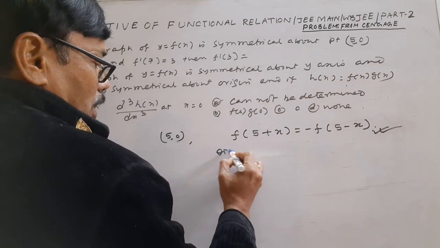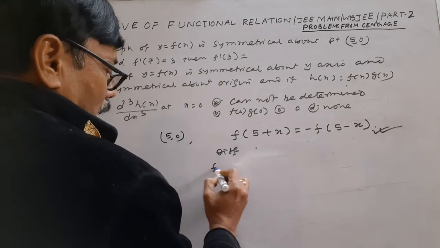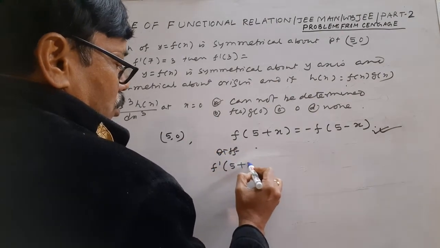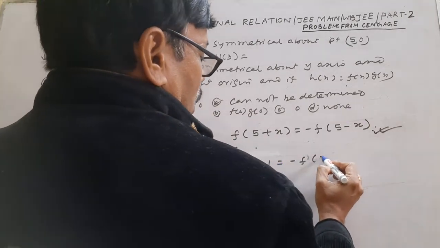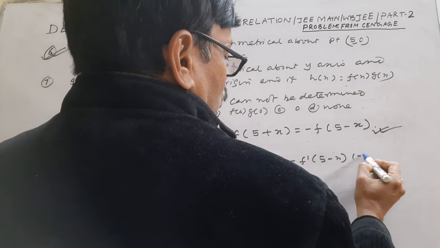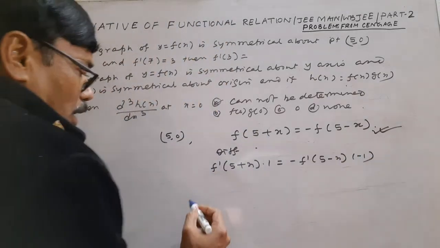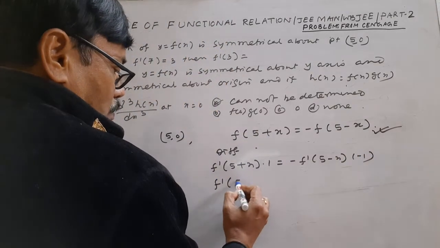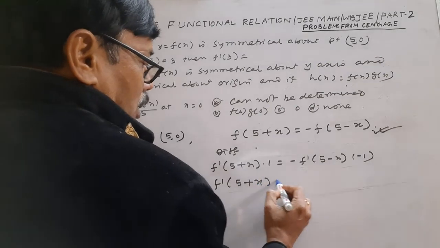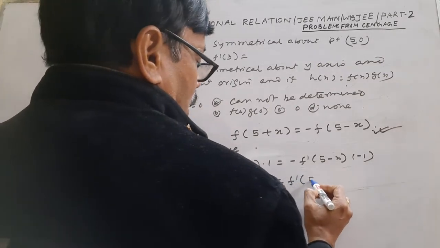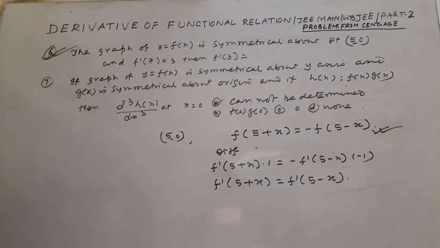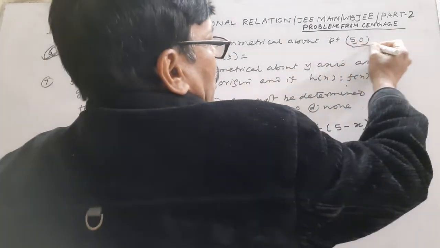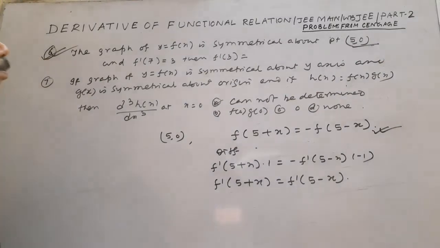Now differentiate: f'(5 + x) into 1, f'(5 - x) into minus 1. So f'(5 + x) equals f'(5 - x). We need this definition of symmetric about (5, 0).